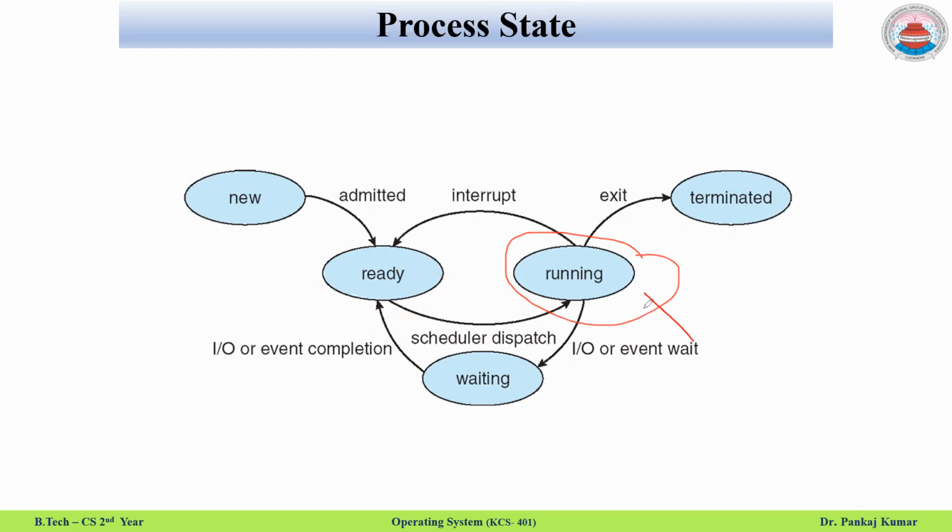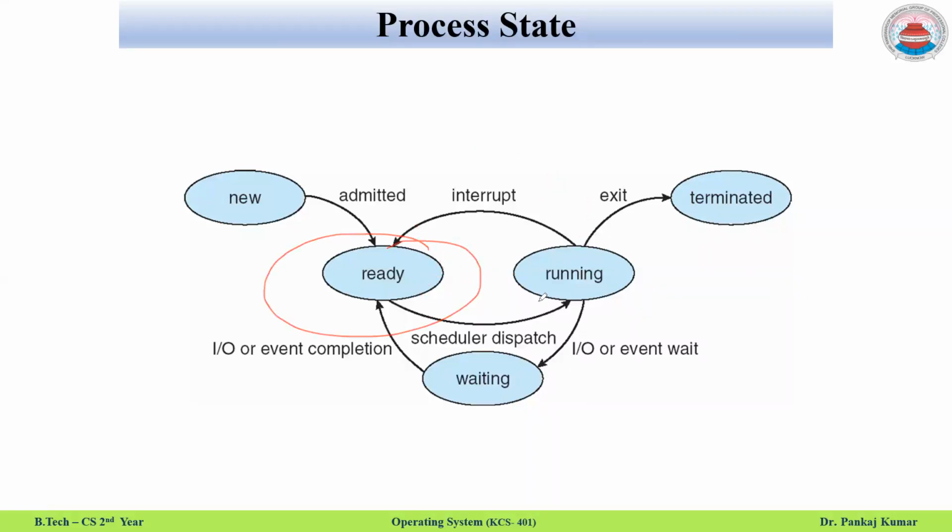If it is running and not in a waiting state, and some other event occurs and interrupts it, meaning some high priority job comes into existence and preempts the CPU, that is called an interrupt, where some other process interrupts the execution of the current process. It comes into the ready state.